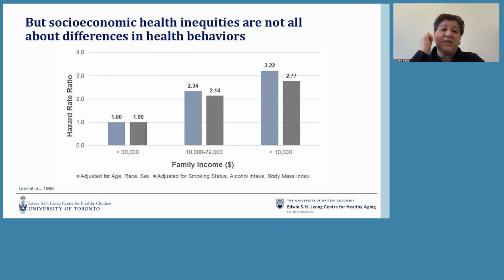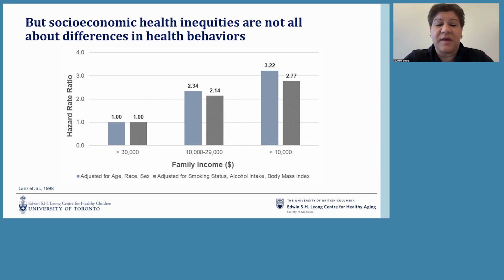So if you look at the data, it's actually quite variable in terms of the extent to which behaviors account for the relationship between socioeconomic status and health. This is an oldie but a goodie study that looked, in the blue bars, at the gradient in the risk for mortality across income groups.